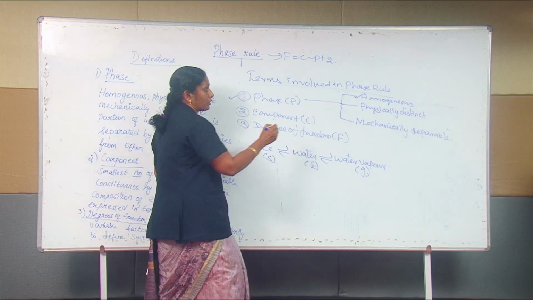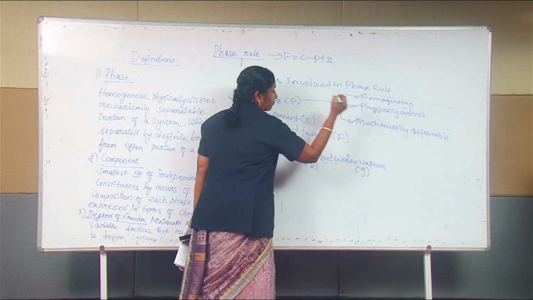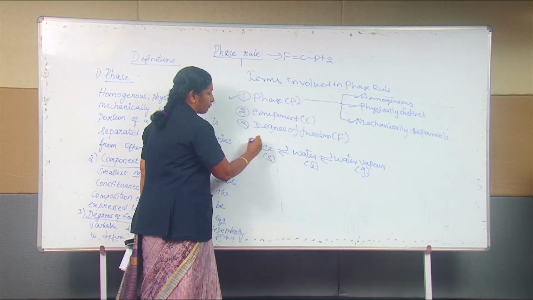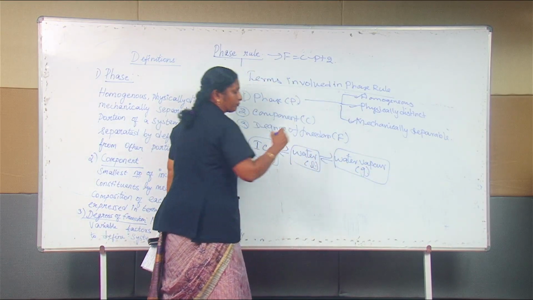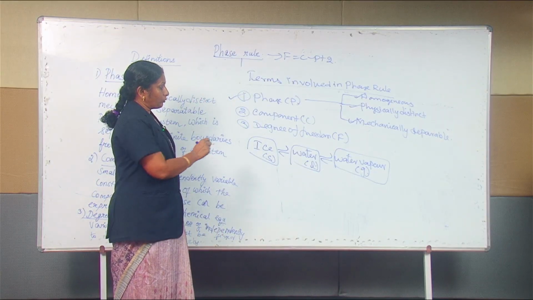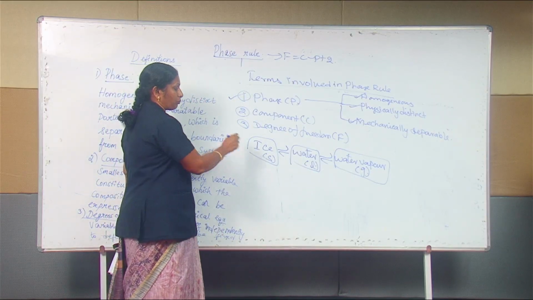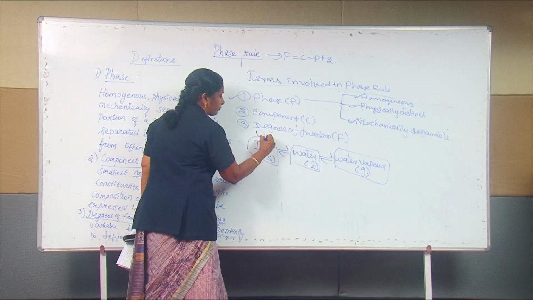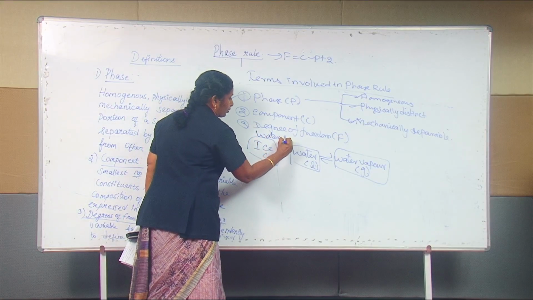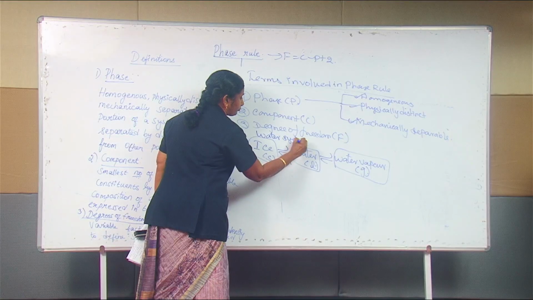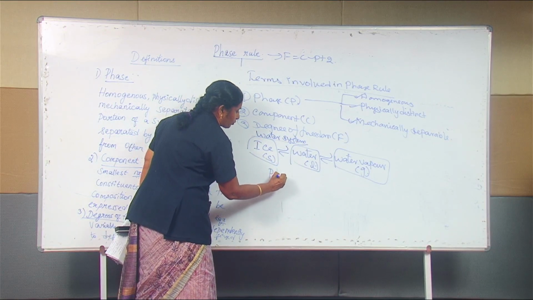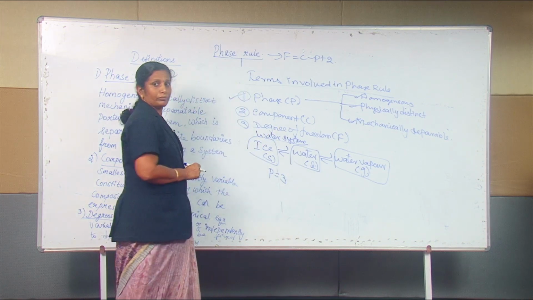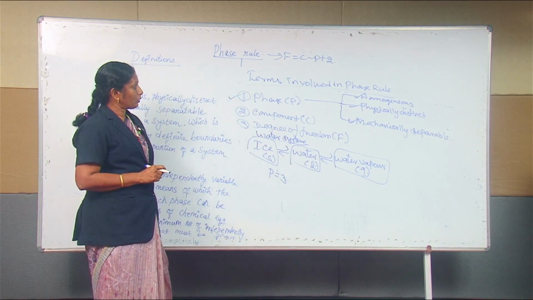Third is mechanically separable, meaning each one has definite boundaries. So this water system consists of three phases, that is P is equal to 3. Up to this, are you clear?